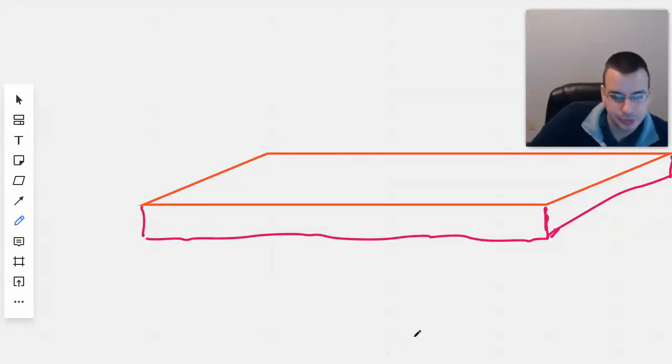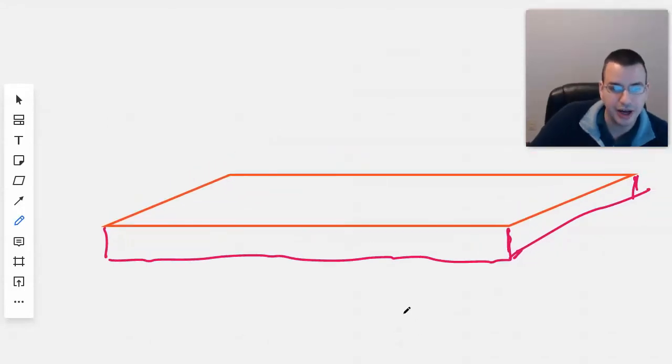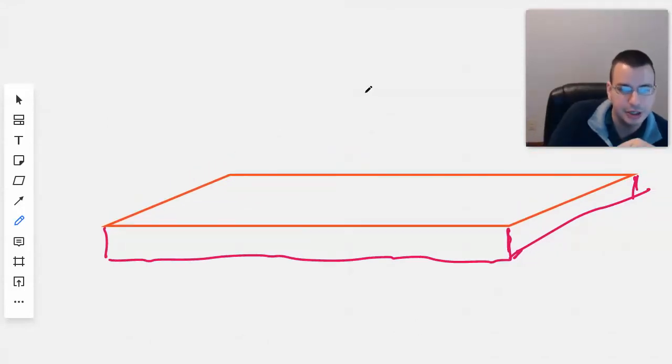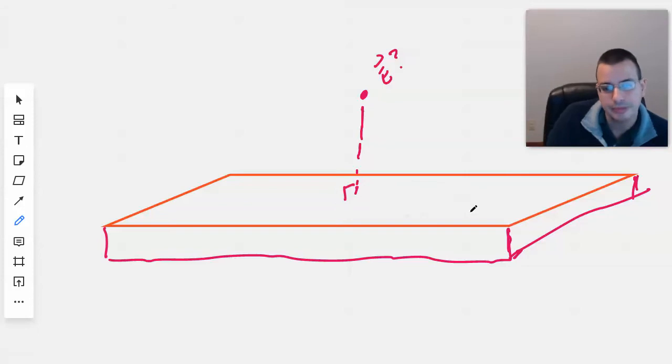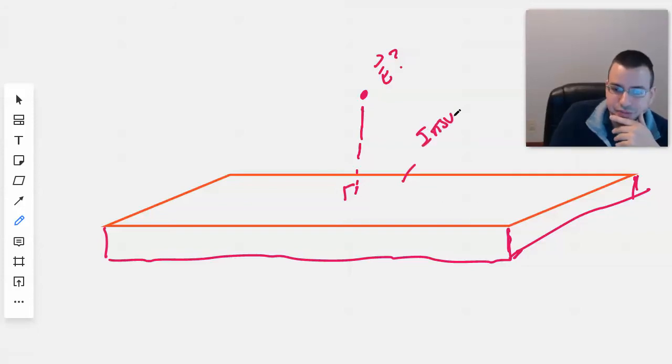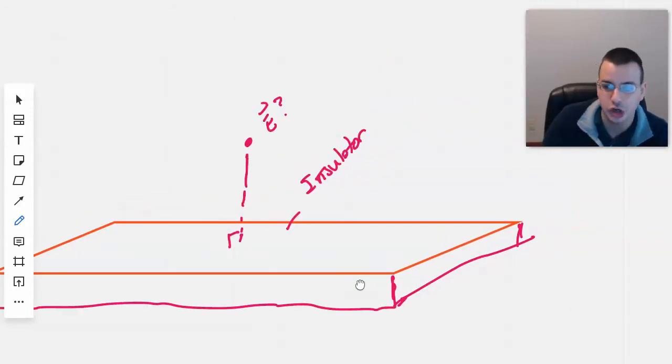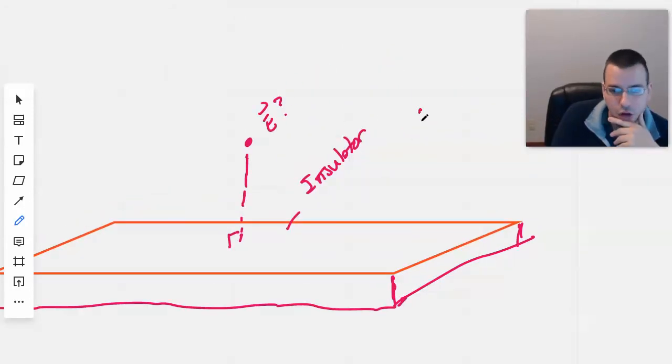Okay. So we want to find the electric field at some point here. Draw a little line. Electric field equals question mark. And let's call this an insulator. And it has a charge density of rho.